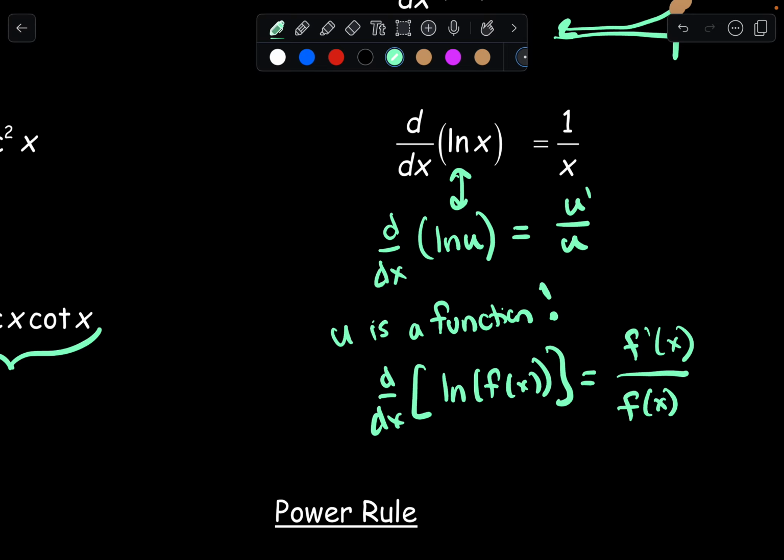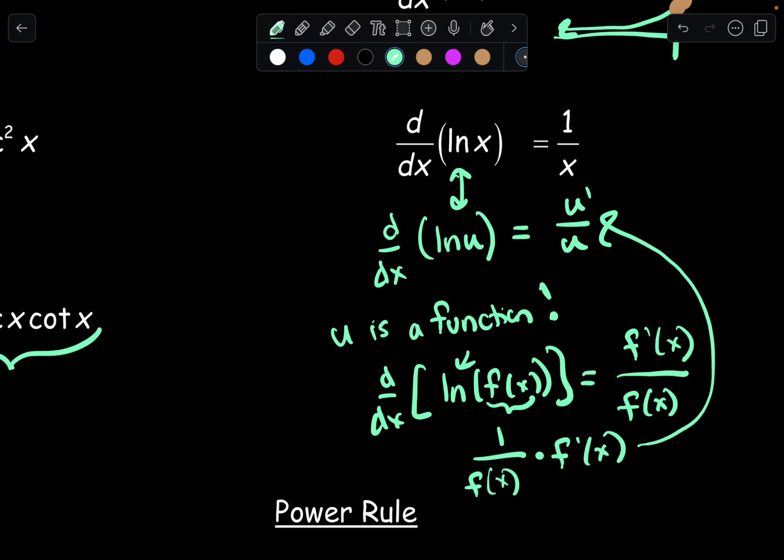So technically, this is the chain rule at work again. If you take the derivative of the outside, which is natural log, that's going to be 1 over f of x. And now for the inner function, you take the derivative of that and multiply by f prime of x, which is just f prime of x over f of x, or you can say u prime over u.